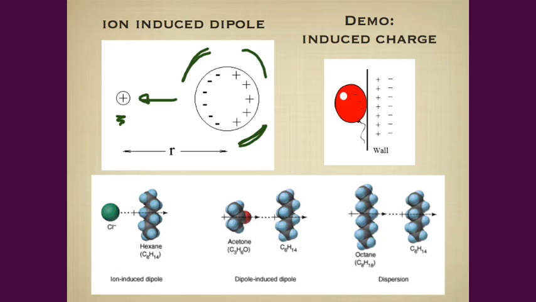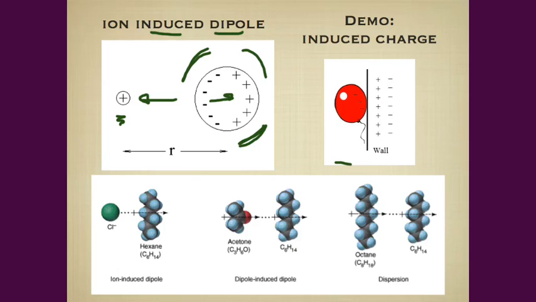But if you move the positive charge away from that, the electrons would simply go right back to their protons, and it would no longer have a charge. So this is called an induced dipole because we've created a dipole, but it's not permanent. It'll go away as soon as the charge is removed.